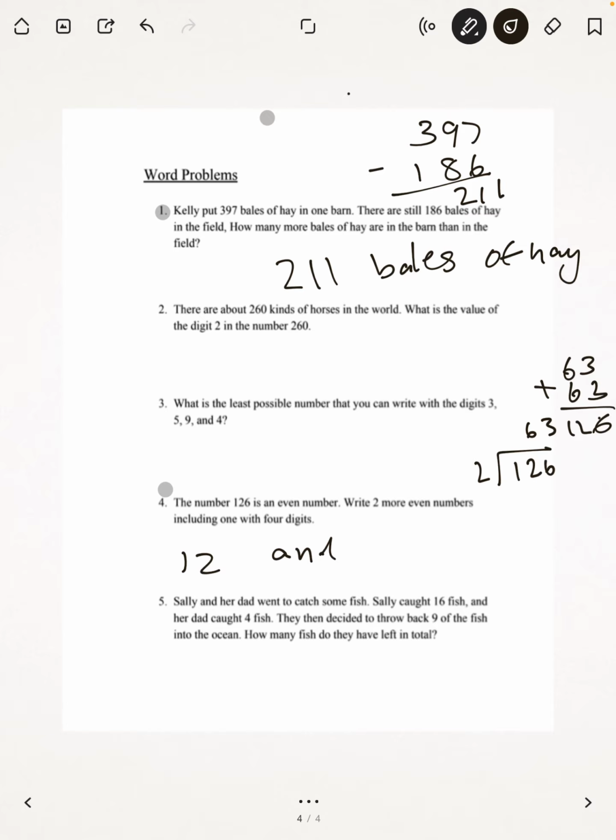So you could do 1, 2, 3, and then the last digit should be an even number. It could be 2, 4, 6, or 8. So I'm just going to use 8, and 1,238 is an even number.